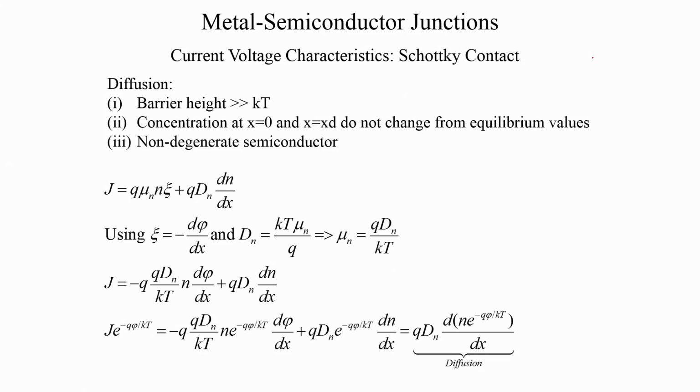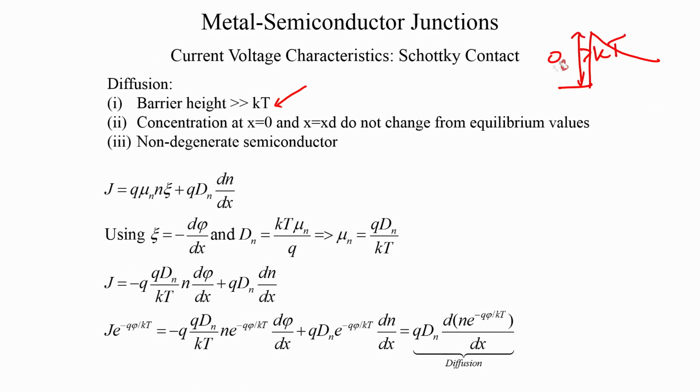So, here the assumptions that we are going to make are: the barrier height is much greater than kT. So, the first assumption that we are making is this barrier height q phi b is much greater than kT, okay.